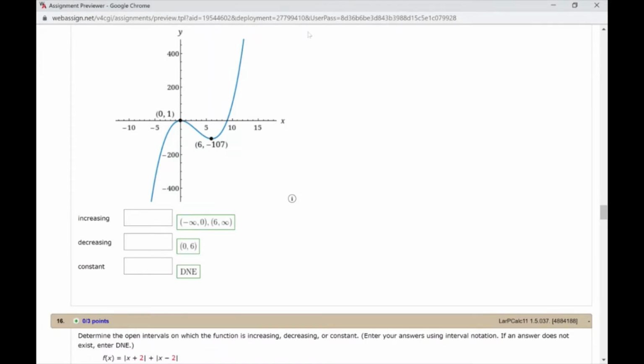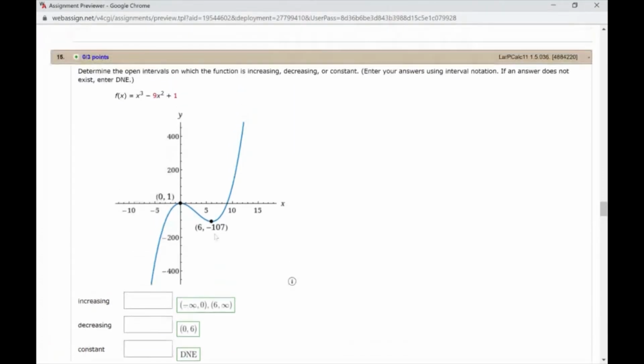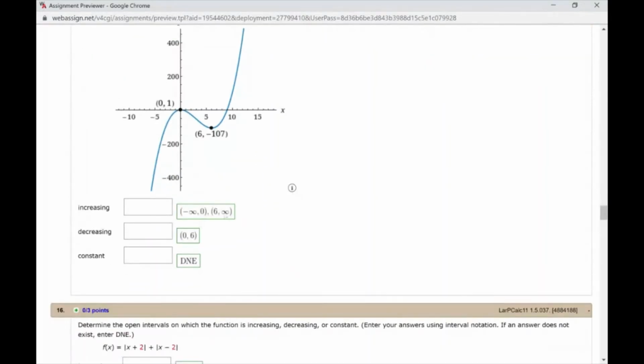So it's going to positive infinity. There are two intervals where this is increasing: from negative infinity to 0, and from 6 to infinity. Now, they wanted you to write the intervals separated by commas. I don't know why they didn't tell you that, but on my side, I can see you're just separating it by a comma.